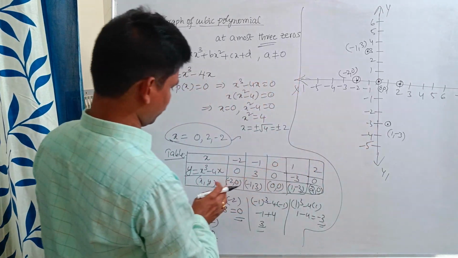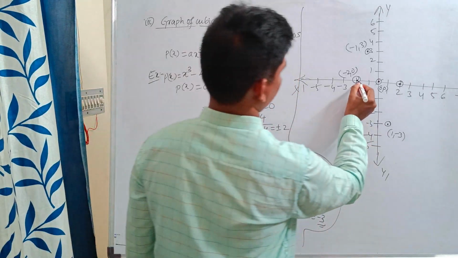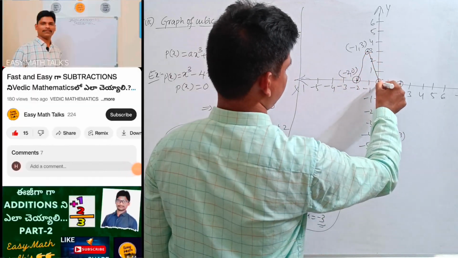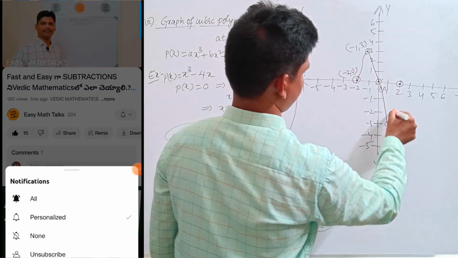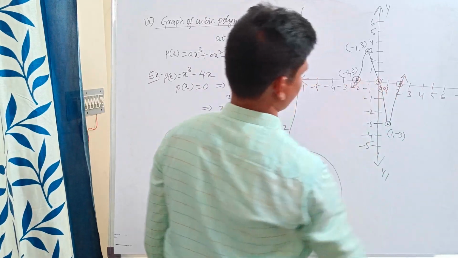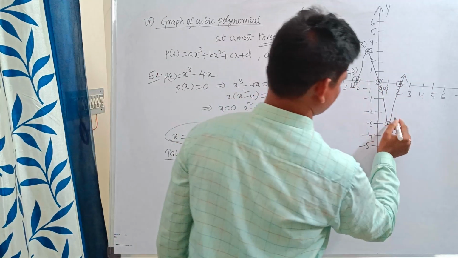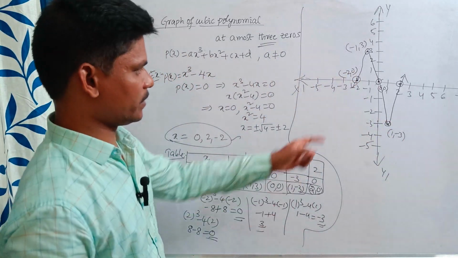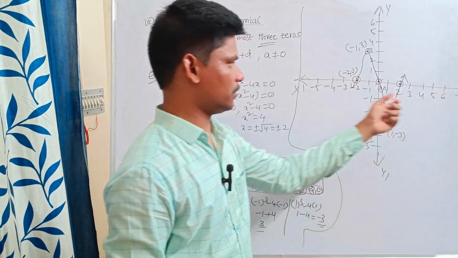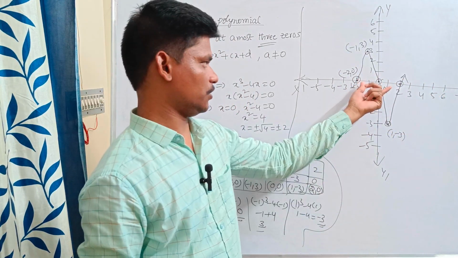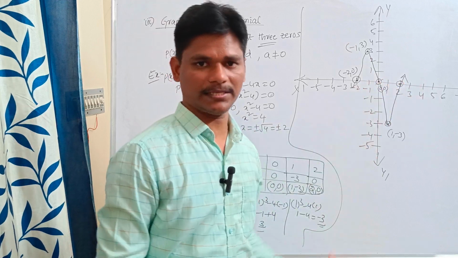See here, first point minus 2 comma 0, then minus 1 comma 3. On the x-axis there are at most three zeros, 1, 2, 3; these three zeros touch the x-axis.